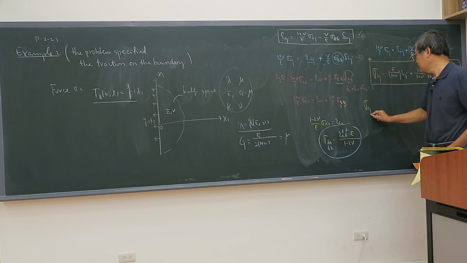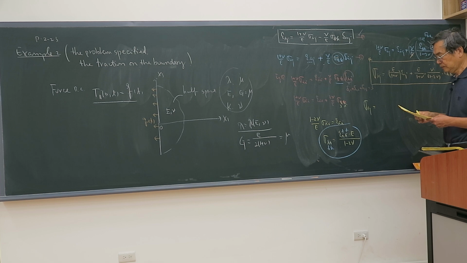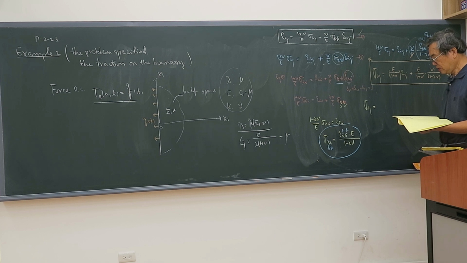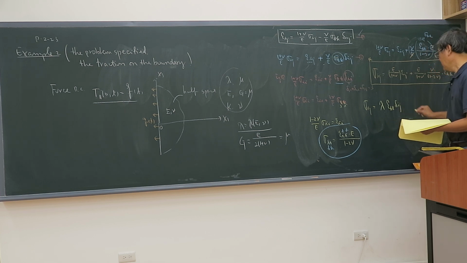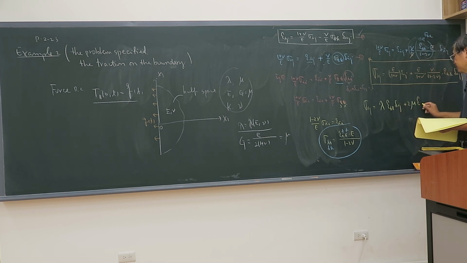We have σij equal to λ εkk δij plus 2μ εij. Okay, this is another relationship you should memorize.